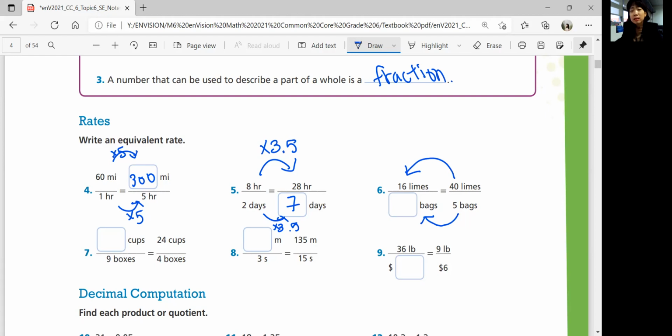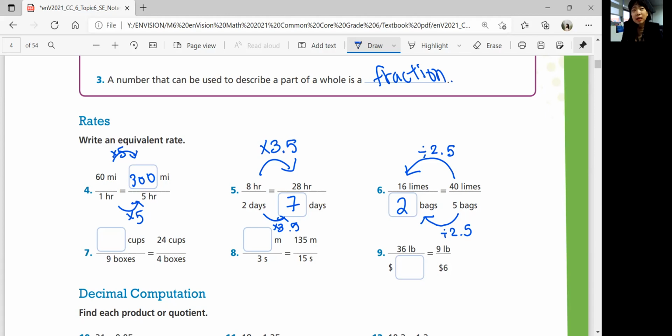What's 40 divided by 16? 2.5. It's decimals again, right? So you divide by 2.5 to get 16. So 5 divided by 2.5 is 2. 2 times 2.5 is 5, if you think backwards, okay?